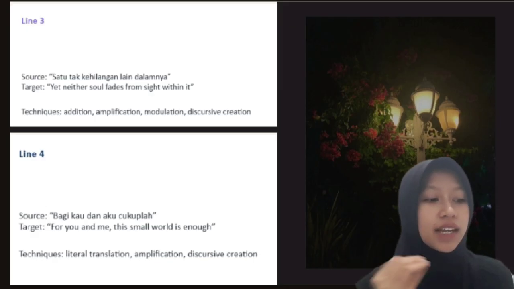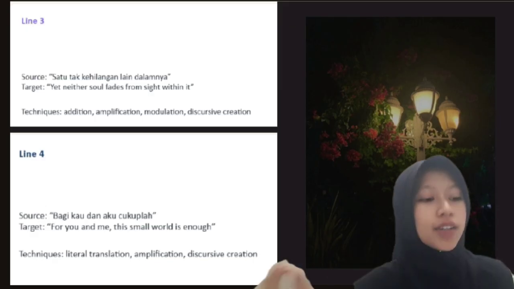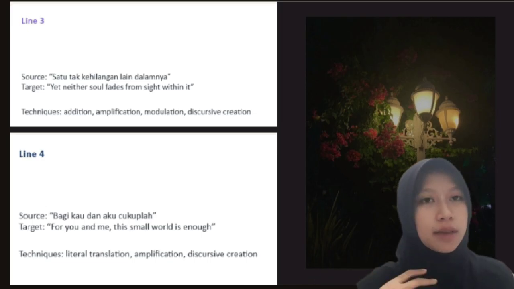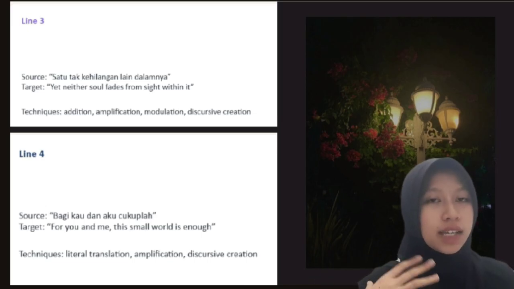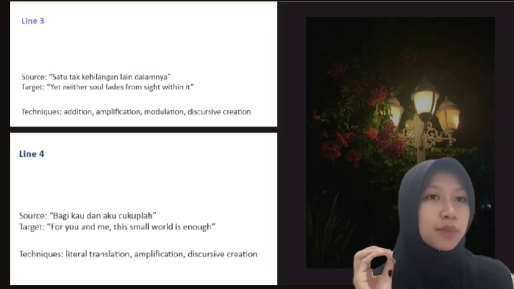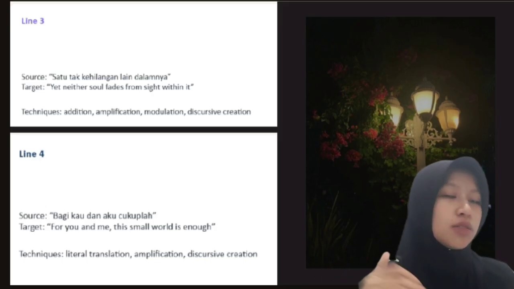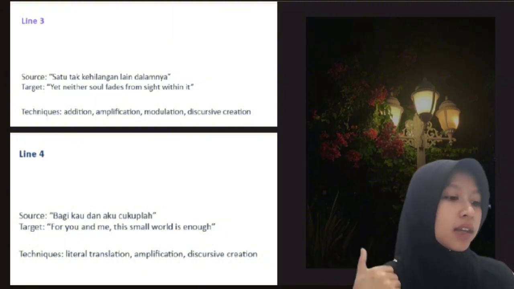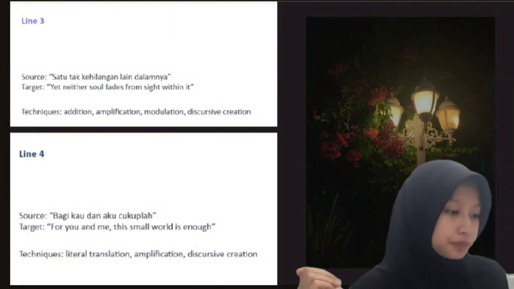The source says one does not lose another, person to another, but I use soul to create some deep emotion. Soul is like a unit of a person, so it creates a deeper and more emotional impression.